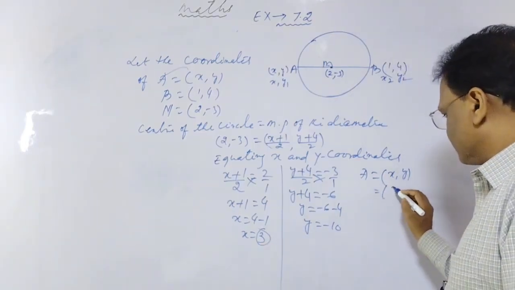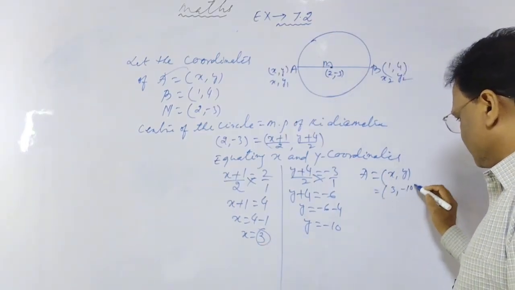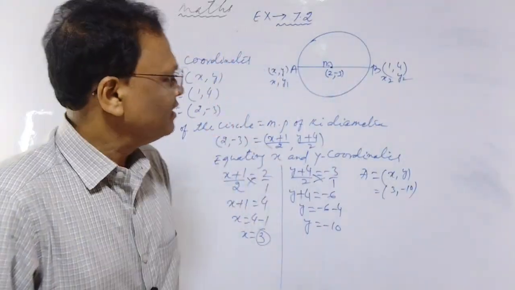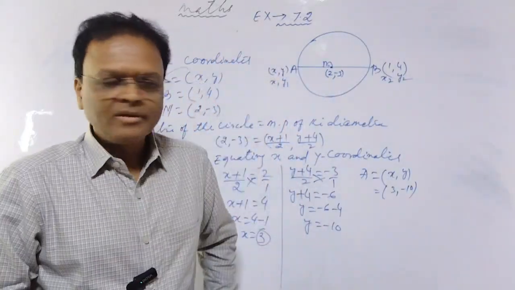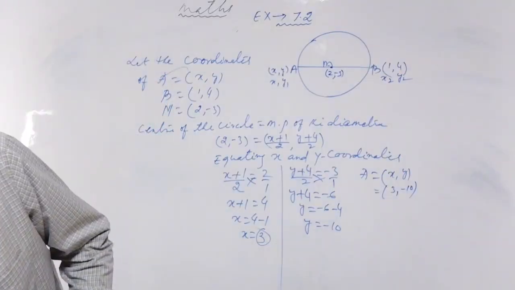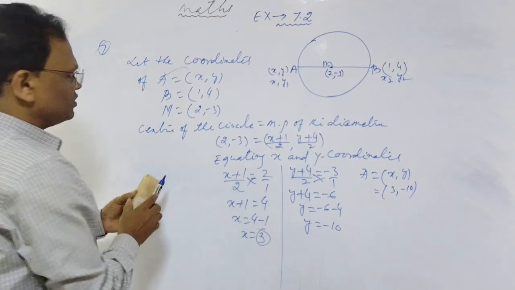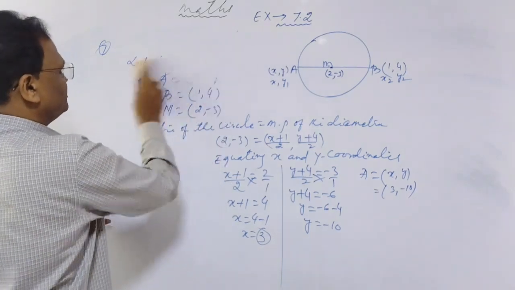What is my x? x is 3 and y is minus 10. So this is the way to find the coordinate of the point A. Over. So this is question number 7. Now question number 8.